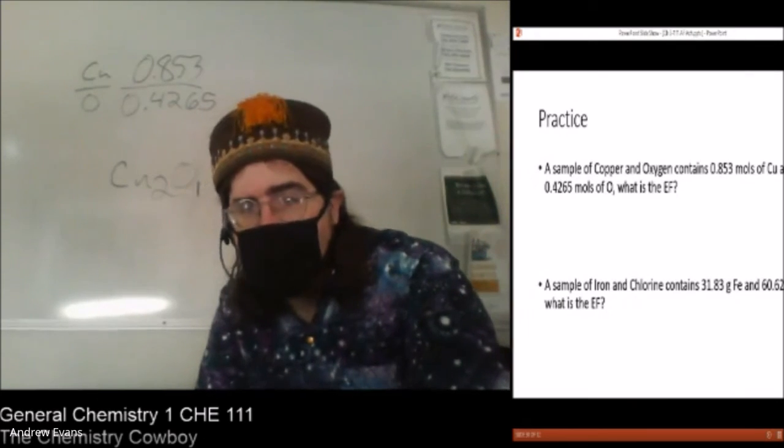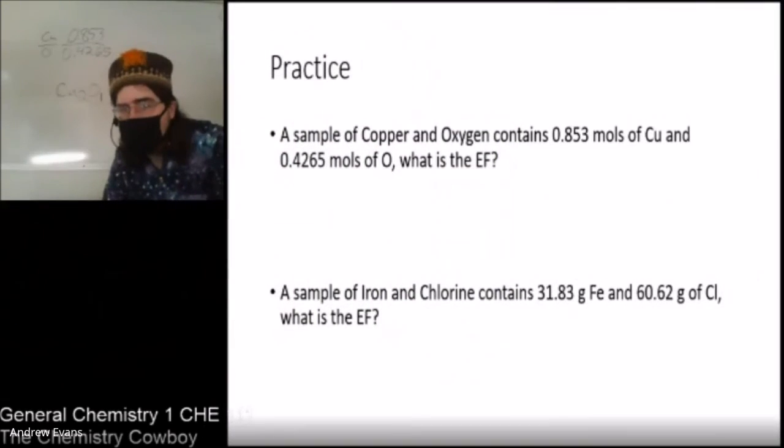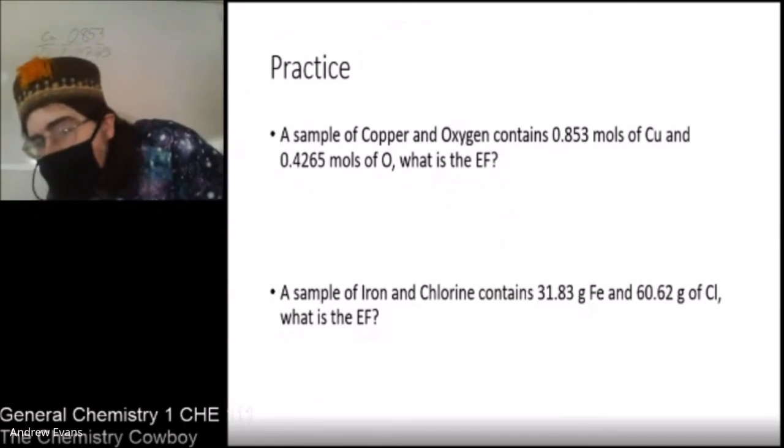Looking at question number 2. A sample of iron and chlorine contained 31.83 grams of iron and 60.62 grams of chlorine.